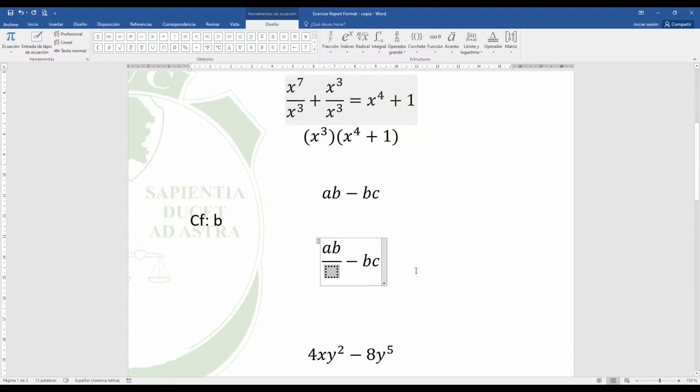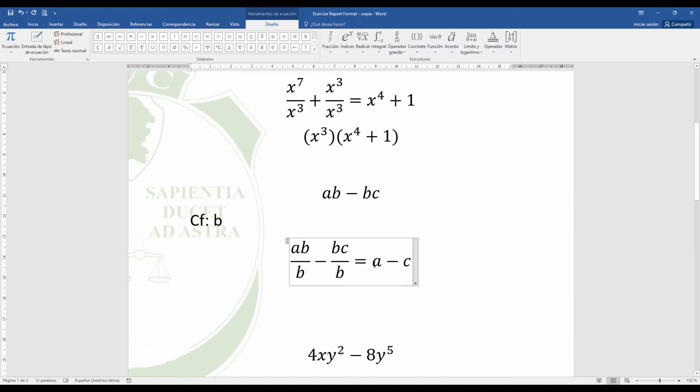Remember, you will divide the expression by the common factor. So b divided by b is 1, plus a is a, minus, because you have here a minus, and b, it's equal to 1 times c is c.